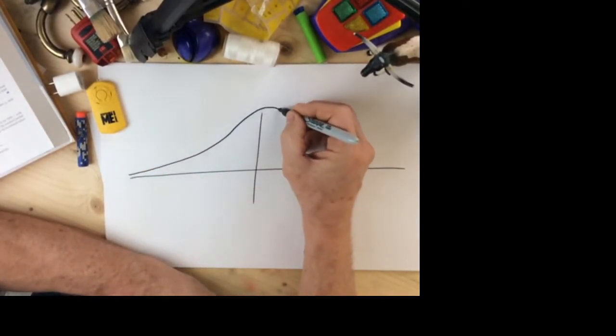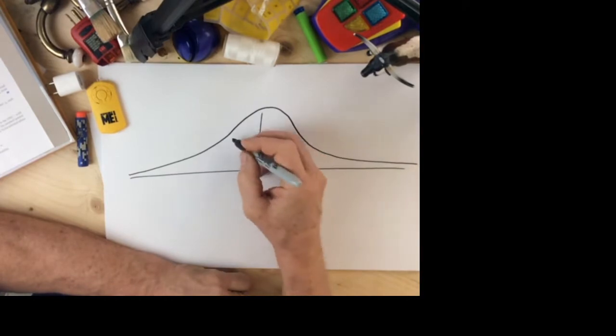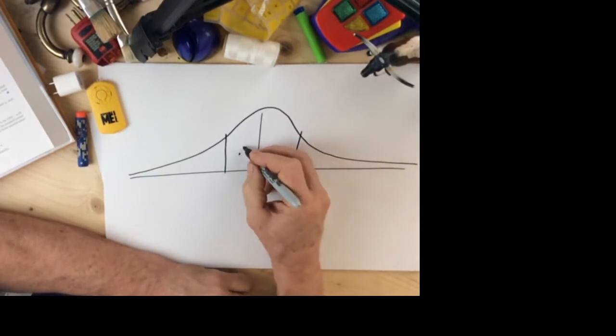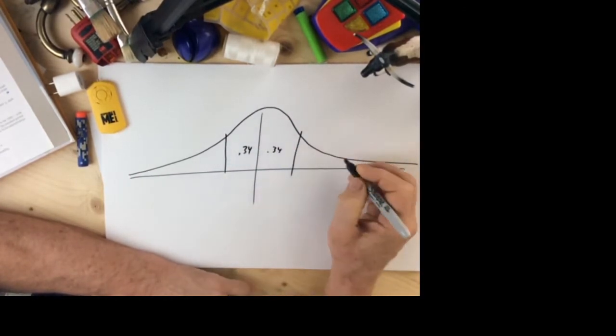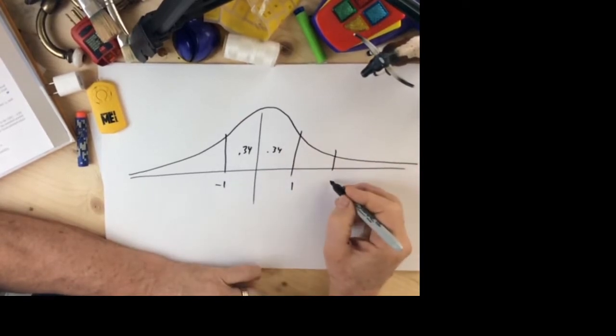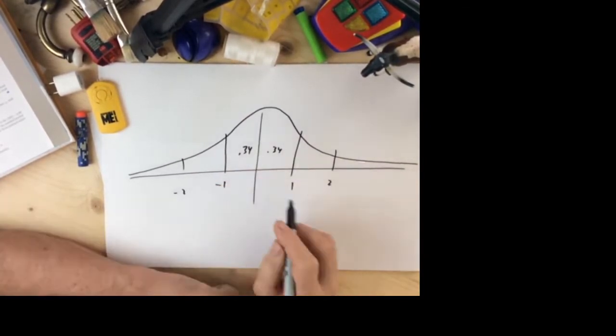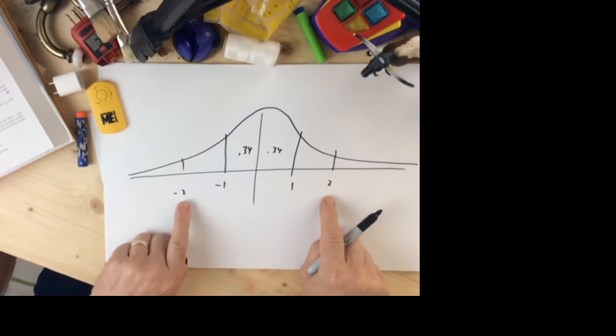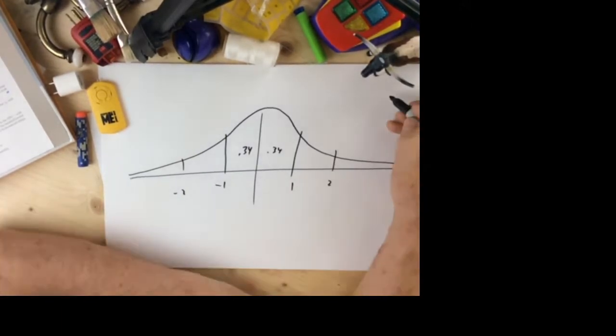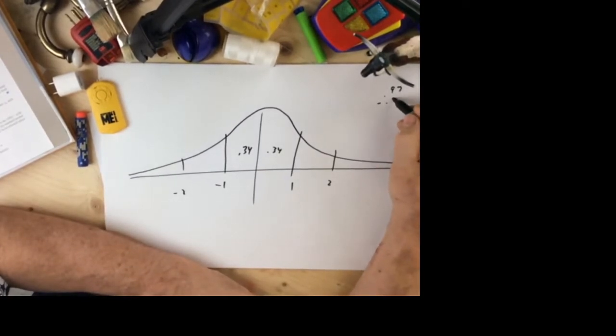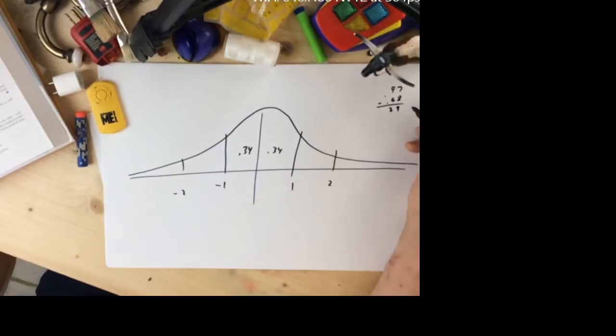has this following property, which, again, these numbers are only approximate. 0.34 here, 0.34 here. If you go over a second standard deviation, you have approximately 95% in here. Well, if we take 0.95 and subtract 0.68, we're missing 27%.